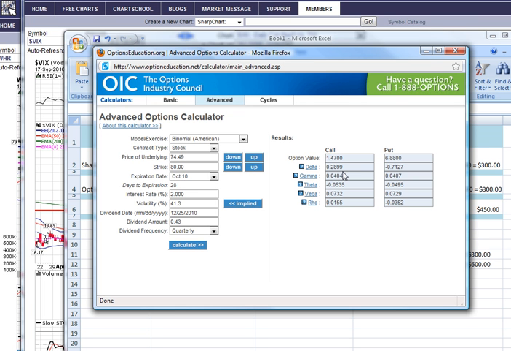You need a 2-point move in order to make $300 or a 4-point move to make $600. So you can see where delta and buying out of the money would really hurt you. Typically, you don't want to buy out of the money. You want to buy something closer to the strike or the close in the stock.